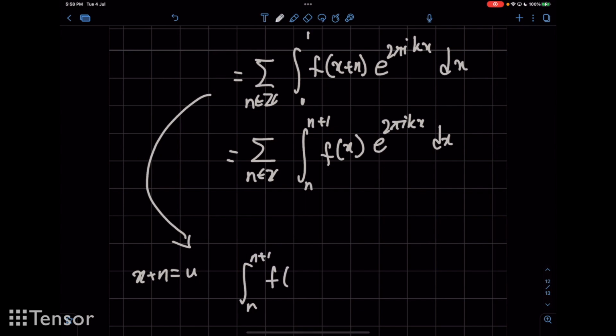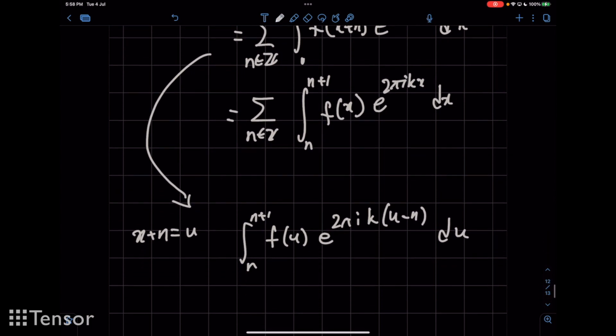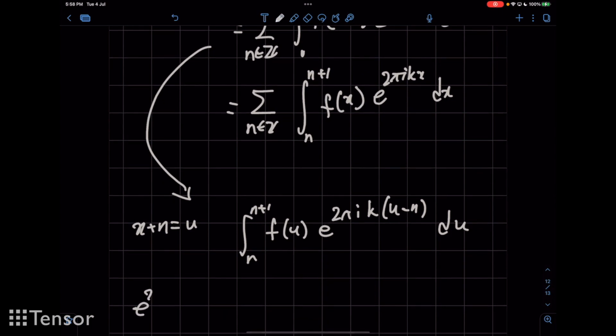This is f of u e to the 2 pi i k, where dx and du are the same, and x is u minus n. So this is the integral times e to the 2 pi i k n, and e to the power 2 pi i k n is 1, since n is an integer, sorry.